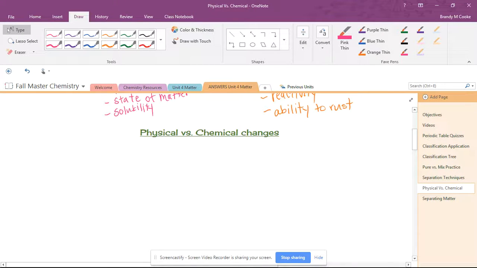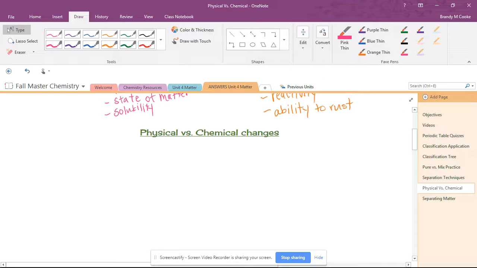Now we have physical versus chemical changes. So obviously a change is a change in the substance itself, whether it looks different, it's a different size, or it got mixed with something else. Those kind of things are physical changes. Whereas if it changes its identity, then that would be a chemical change.